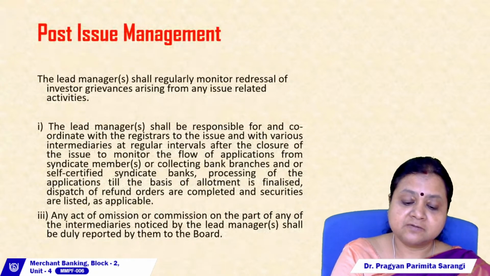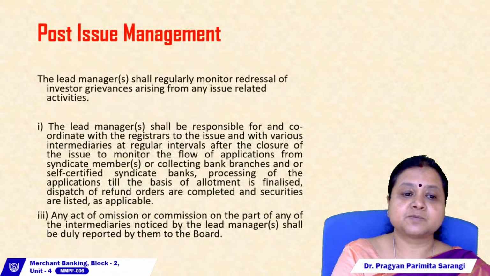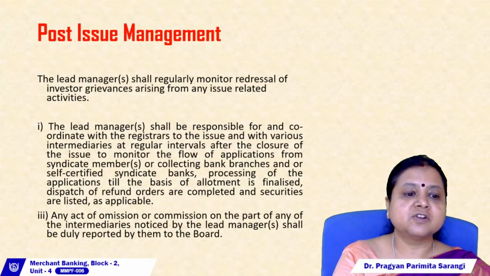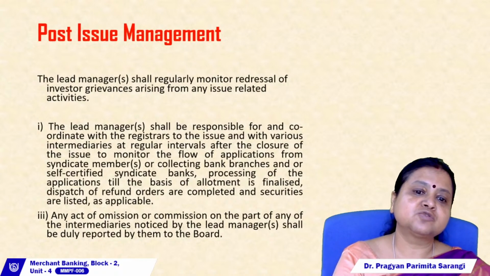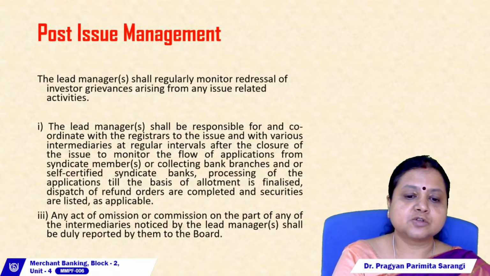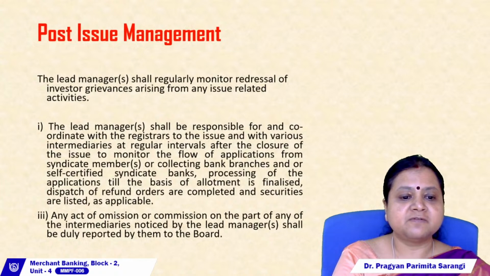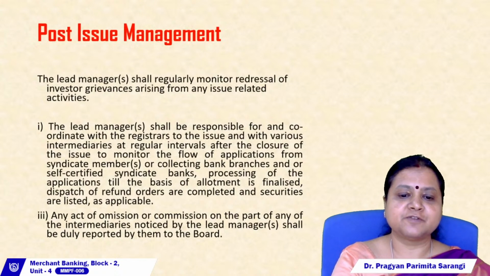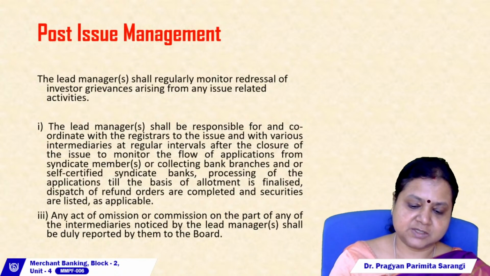But there will be certain issues where the subscription will not be given or allotment would not have been made to certain individuals. In that case, some amount of money will be refunded to those individuals who have subscribed. So the entire loop is closed after the process of allotment, dispatch and refund of money to the individuals.